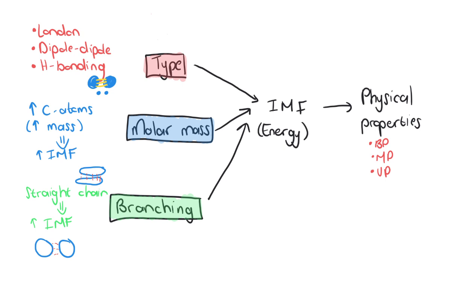And for me to remember how the branching or the straight chain affects the strength of your intermolecular forces, I don't know if you guys have ever made pancakes and flapjacks. Your flapjacks have a much denser dough, if I can put it like that.